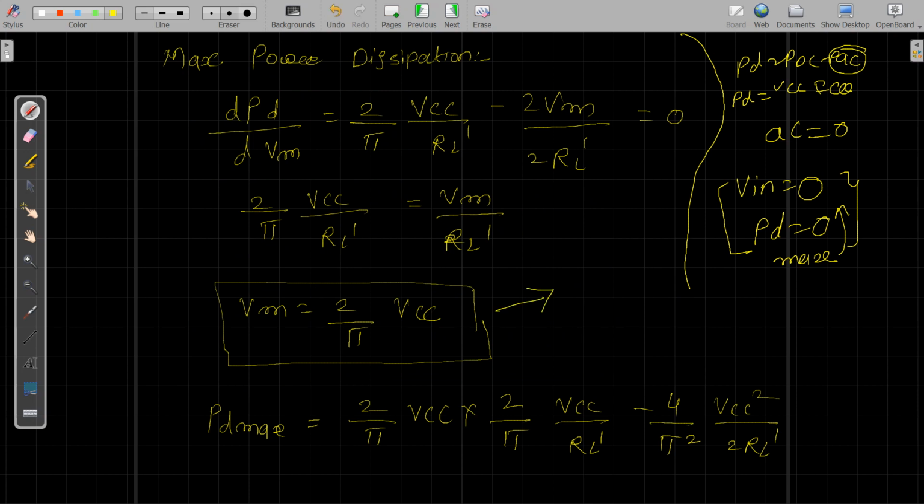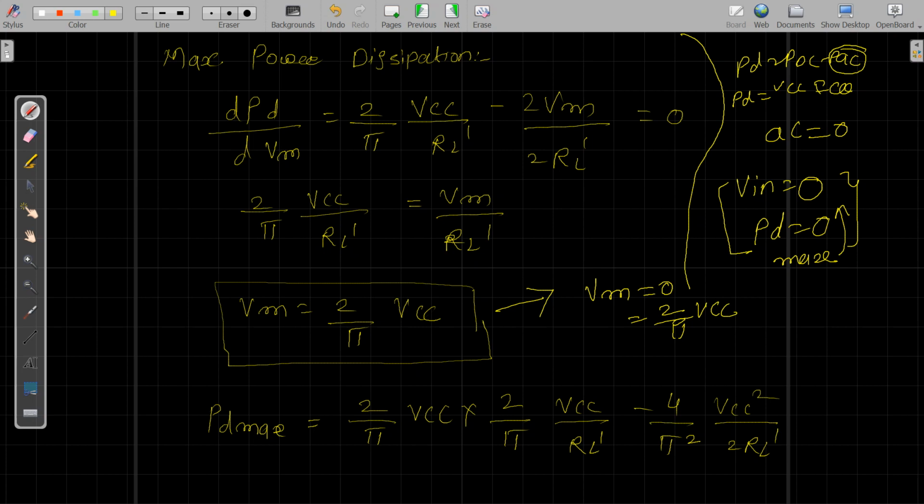That means what I'm calculating here is what should be my input voltage so that I will get maximum power dissipation. In case of class A it was Vm equals 0, and here I want Vm equals 2 by pi VCC, then only I'll get maximum power dissipation.